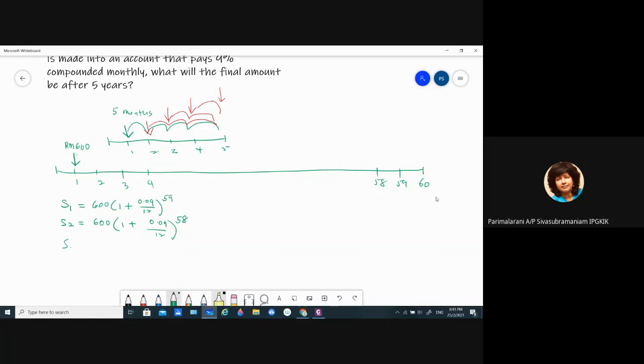So here S3, the third payment, will be 600 into 1 plus 0.09 over 12 to the power of 57. What about S59?